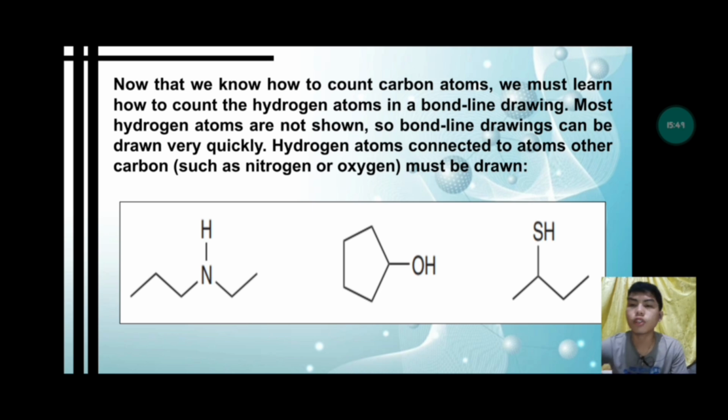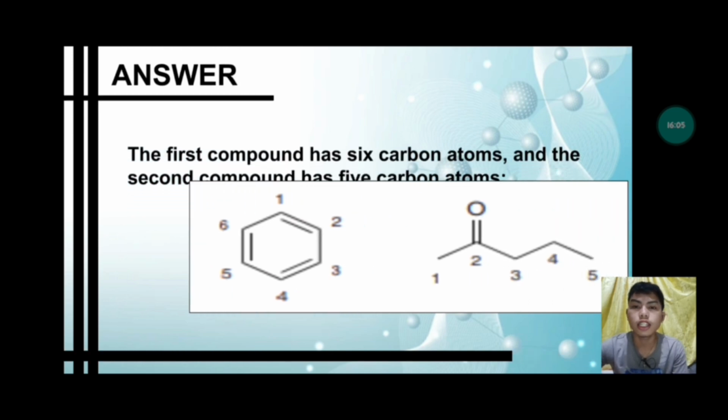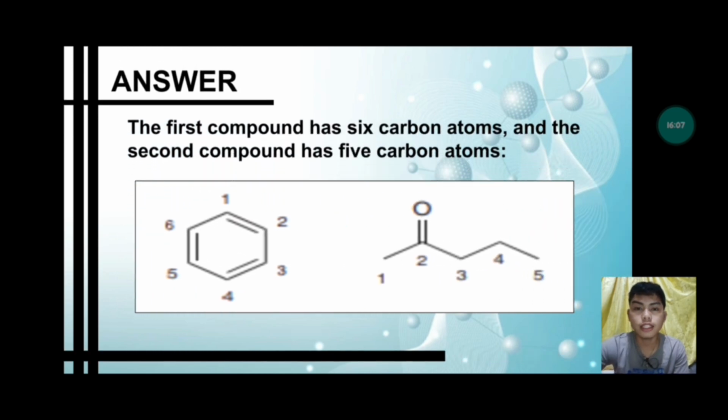And remember that if the compound has an attachment of nitrogen or oxygen, that cannot be counted as a carbon. For example, in the slide earlier, the right side compound has an oxygen attachment on it, so that cannot be counted as a carbon.